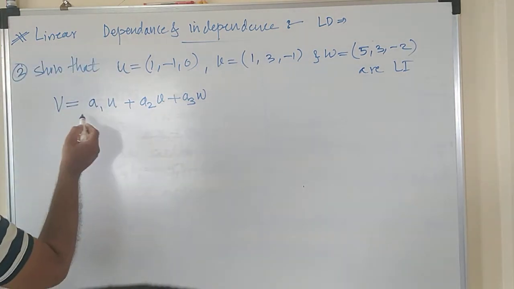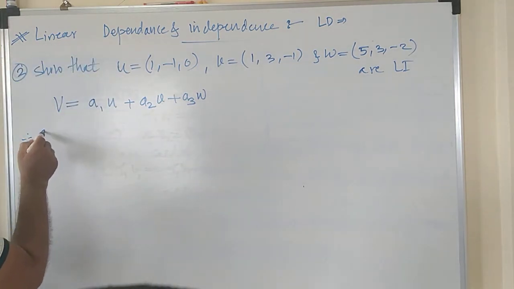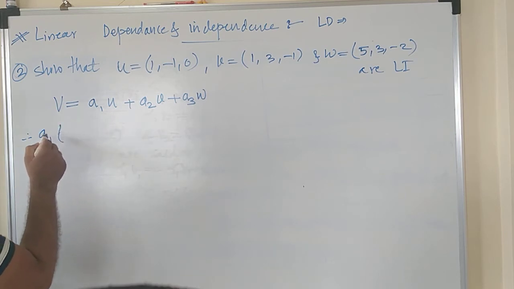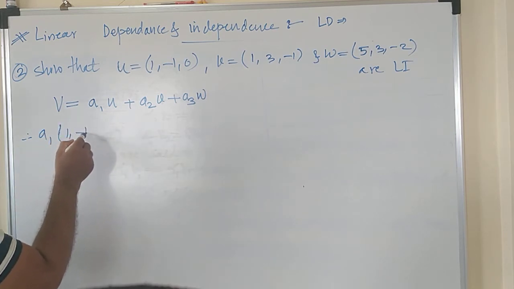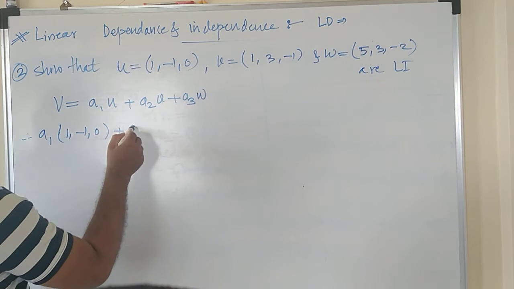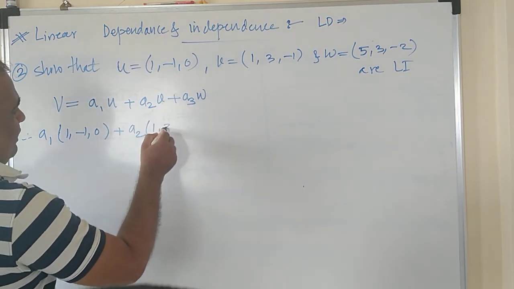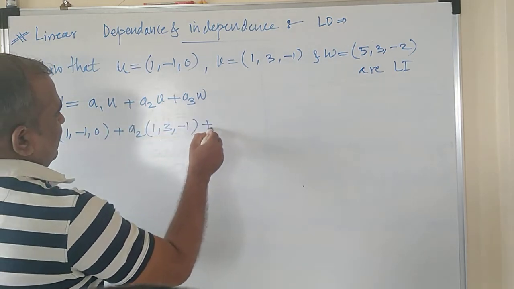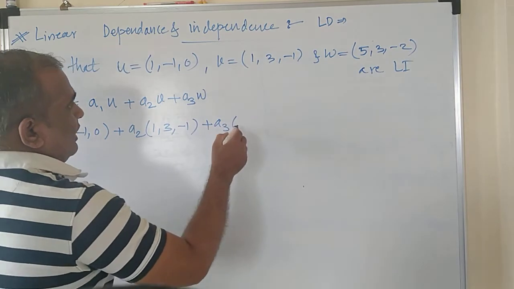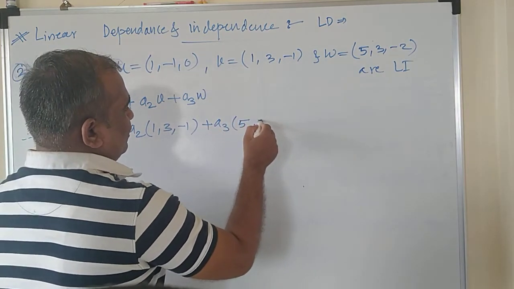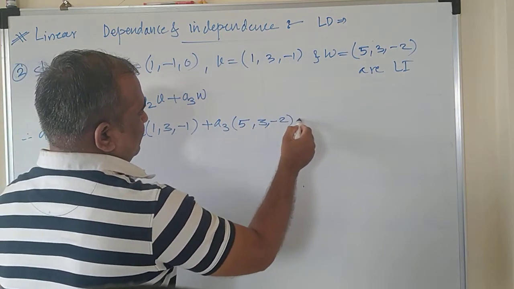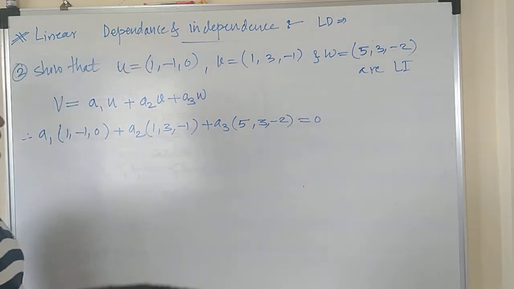And put the vectors here. So therefore you will get here a1 times u, which is (1, -1, 0), plus a2 times (1, 3, -1), plus a3 times (5, 3, -2) equals 0.